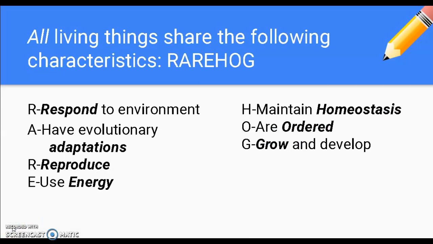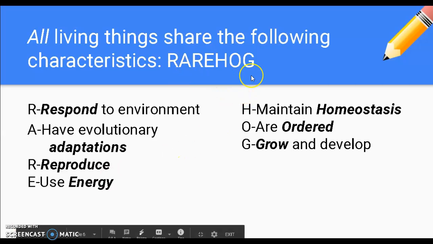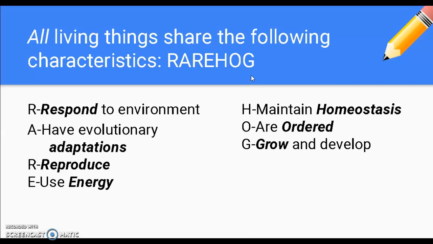All living things share the following characteristics. And if you remember the acronym RARE-HOG, you'll remember all the characteristics of living things. All living things respond to their environment. They all have evolutionary adaptations.